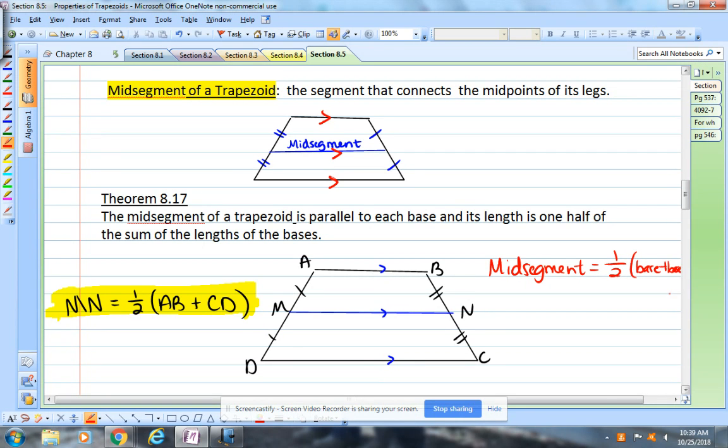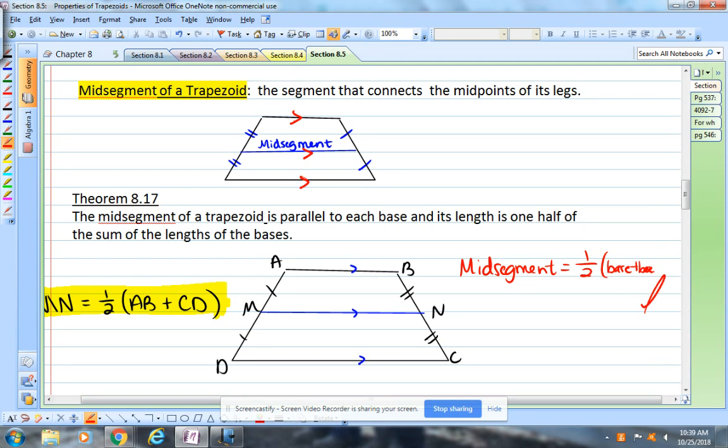I don't have enough room. Memorize it like this: mid-segment length equals 1/2 of the length of both bases added together.